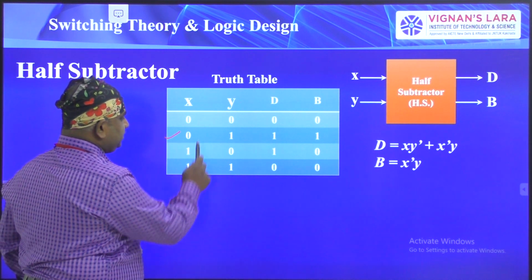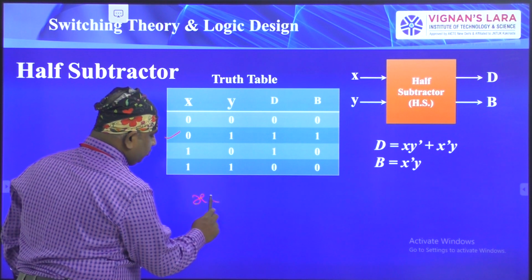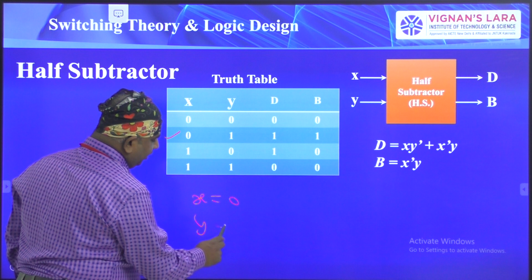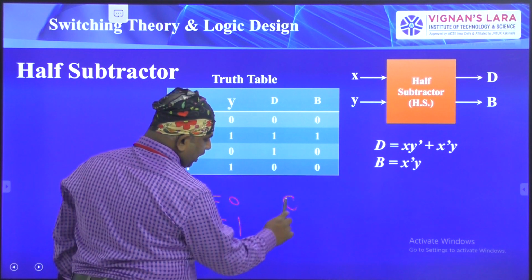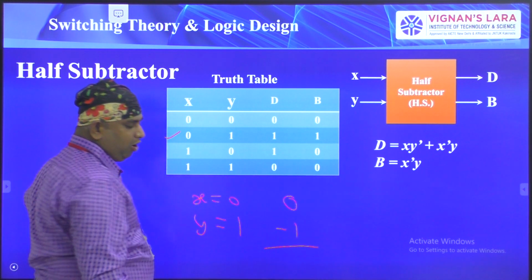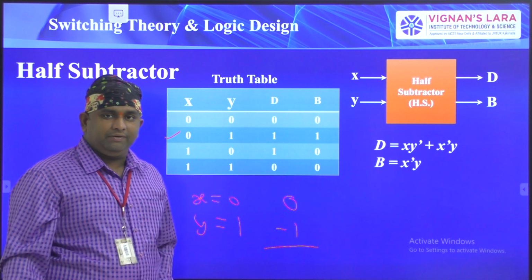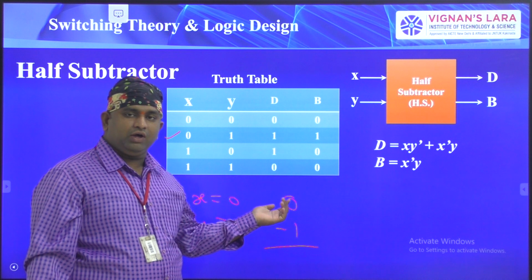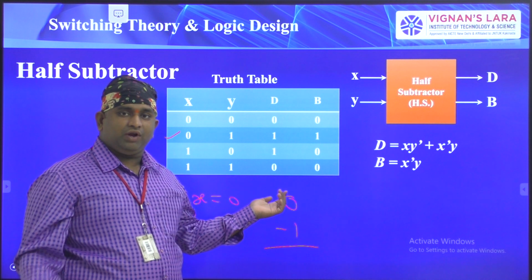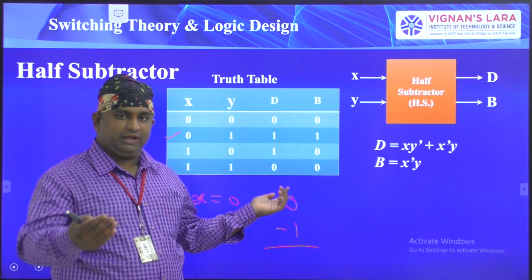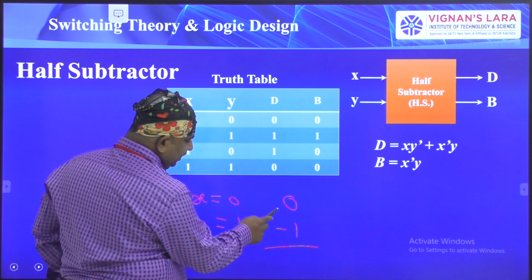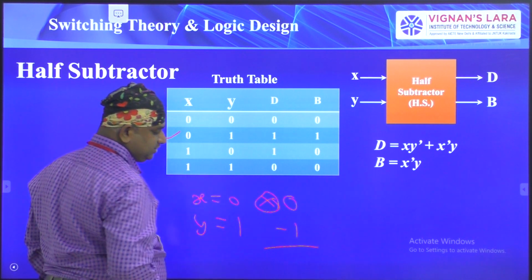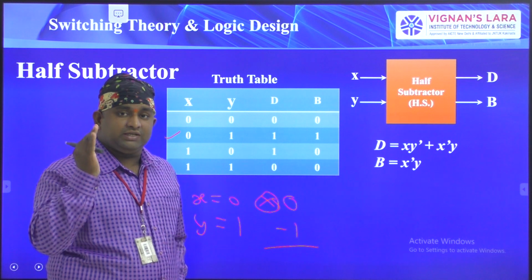Now coming to this case, where x value is equal to 0 and y value is equal to 1. That is, you have to do 0 minus 1 operation. Actually, in the decimal number system, when you are subtracting a higher number from a lesser number, you take a borrow. So actually here nothing is there, but think that some 1 is there.